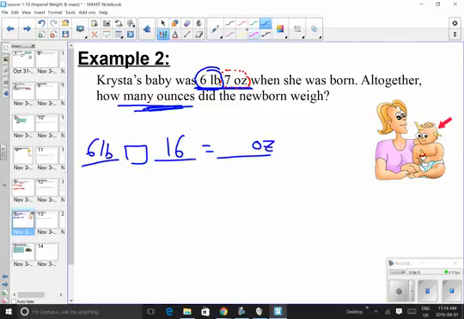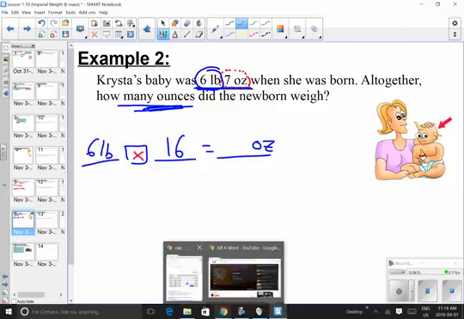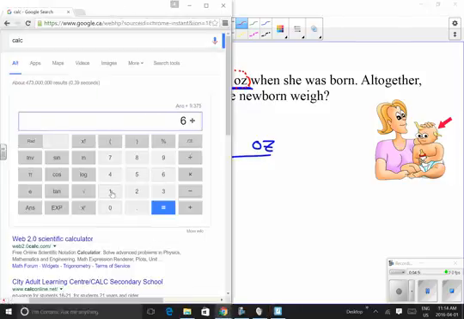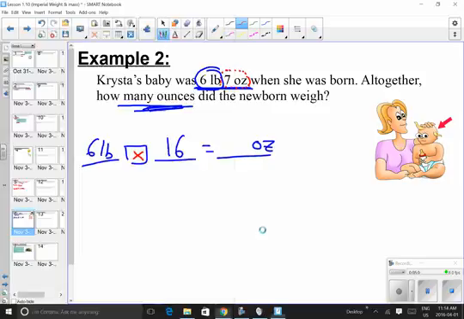So now I'm changing into a smaller unit, so my number needs to get bigger. All right, so I need to go 6 times 16. There we go, 96 ounces.